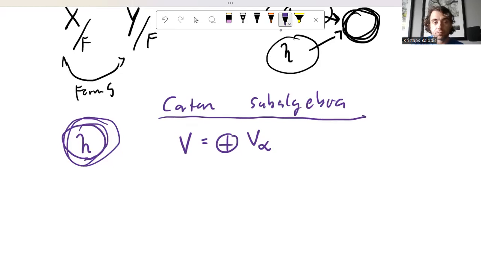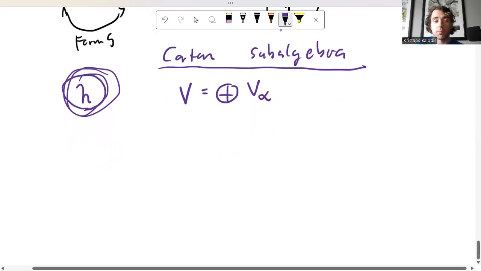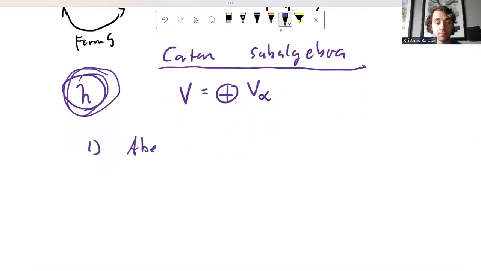So in particular, a Cartan subalgebra H will be an algebra that is abelian.